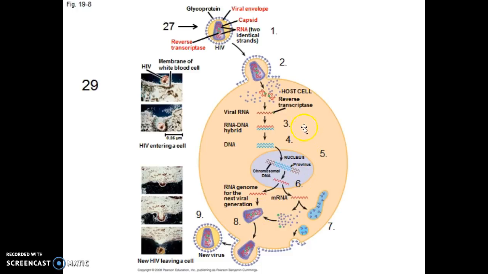So moving on to question 29, which is asking you to identify the stages of this, and I think you had actually labeled this image in class as well. I have those stages numbered here 1 through 9. This can be found on page 389 of the textbook. Although the explanations of steps might be a little bit lengthier than what I'm going to verbally explain, if you're looking for the explanations in writing, they're on page 389.